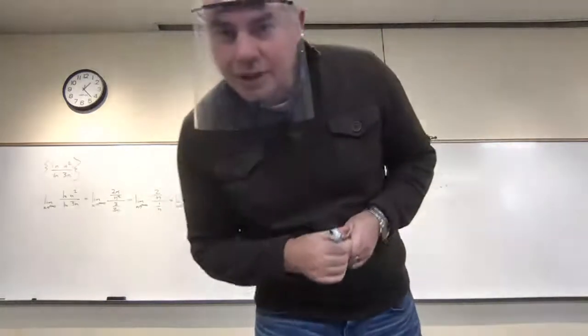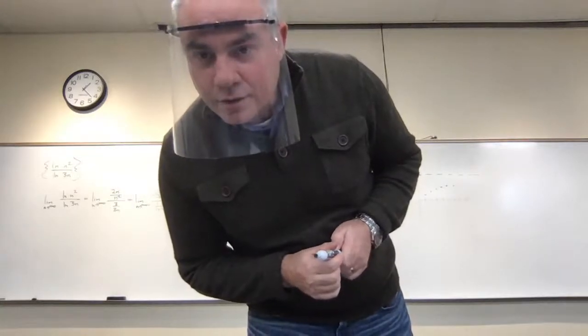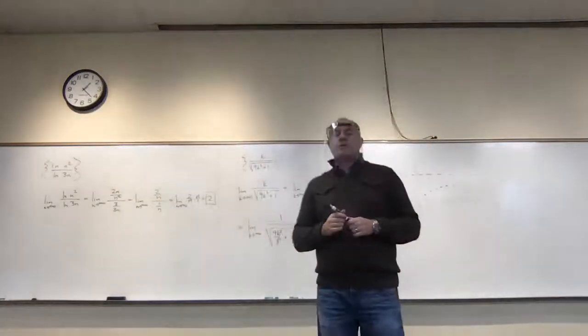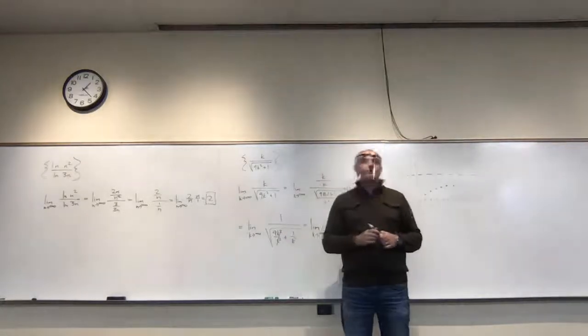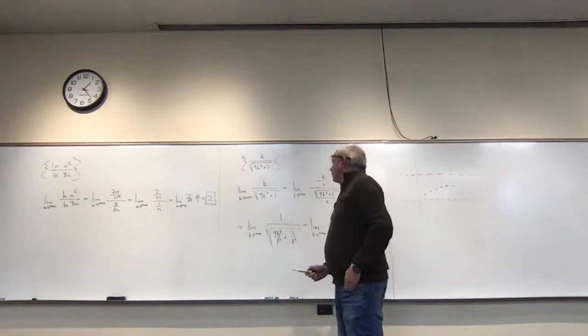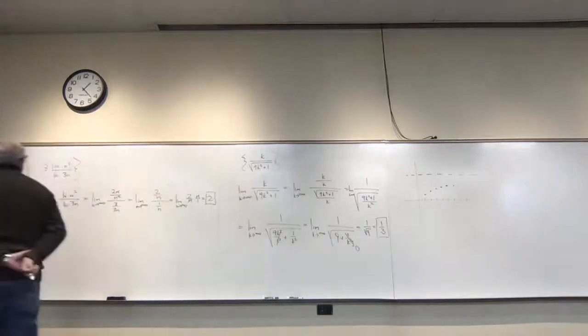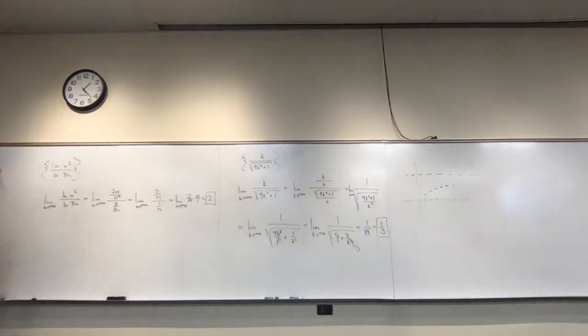Let's see what else we got here. I suppose we could have attacked that problem very similarly to the one beside it. You could have pulled out the exponent, the 2, and made it 2 ln of n.